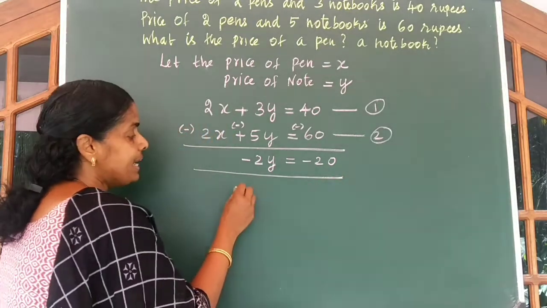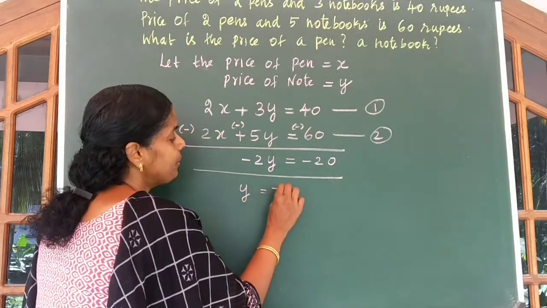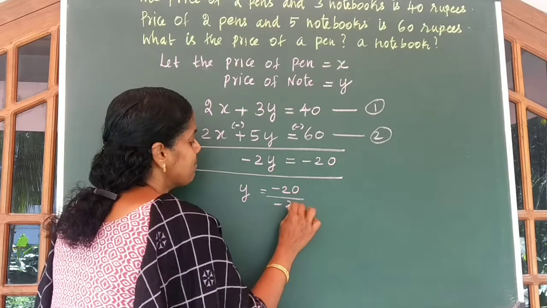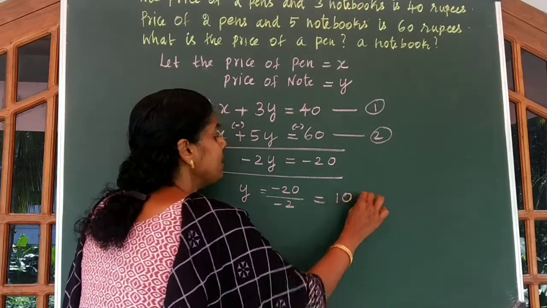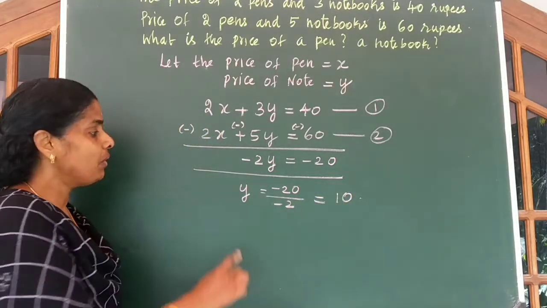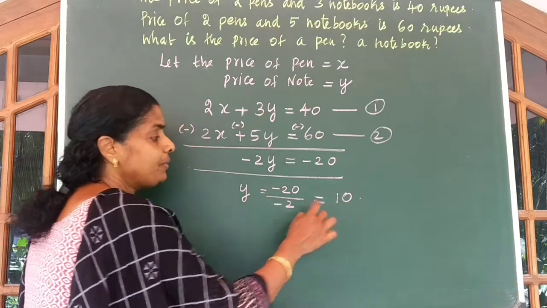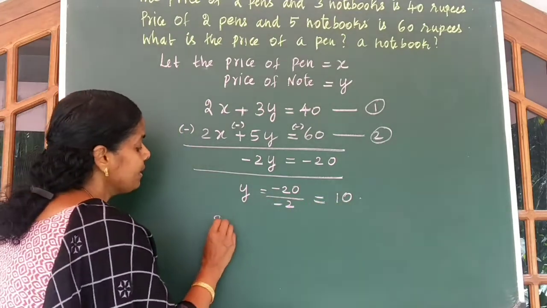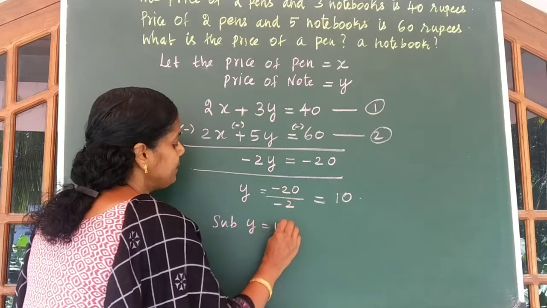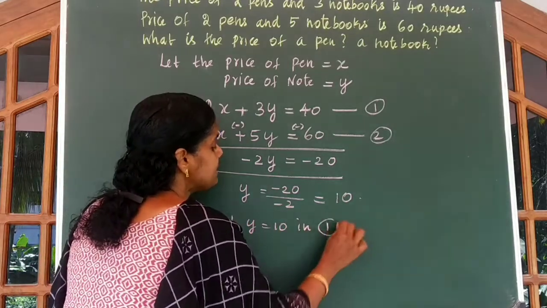Our next step, y is equal to minus 20 by minus 2, which is equal to 10. We got the value of y to be equal to 10. Let us substitute y is equal to 10 in our first equation.